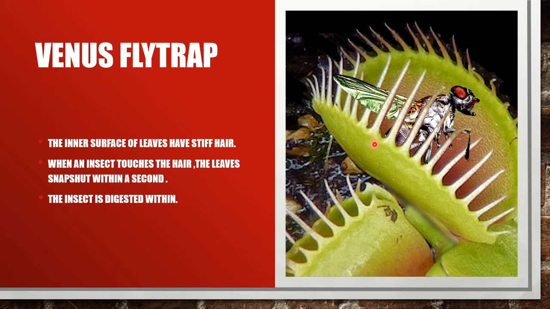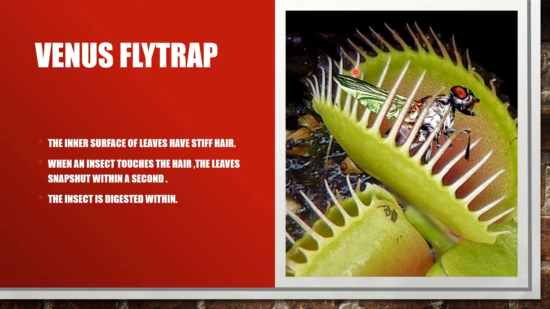This green part is of the Venus flytrap. You can see its inner surface. Here are very small, stiff hairs. When an insect touches that hair, the leaves snap shut within a second.